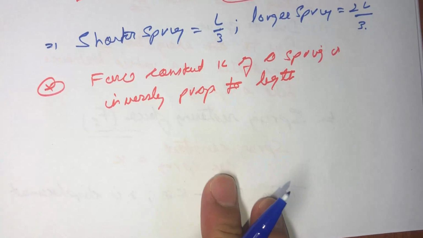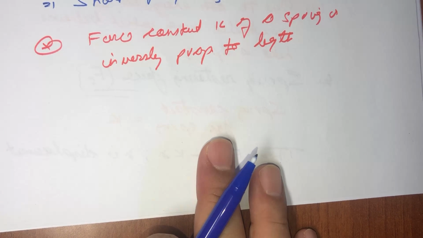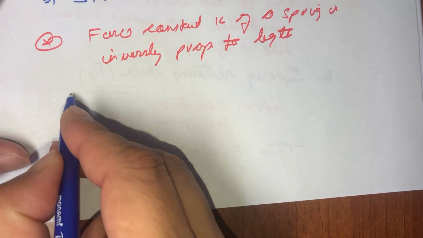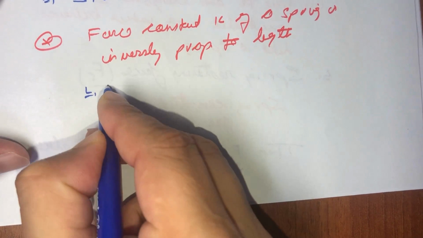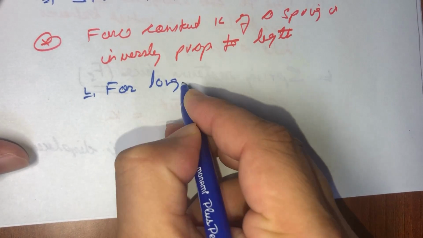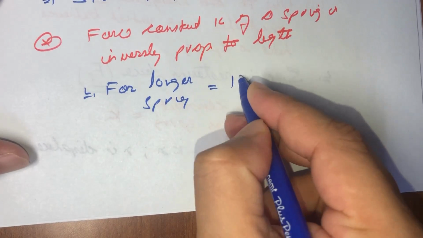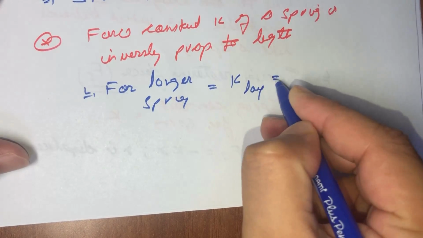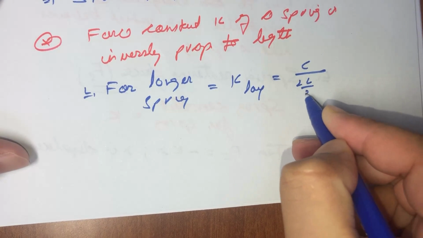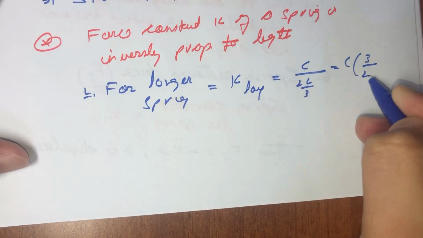Therefore, you can write for the longer spring, let us suppose that is given as K long. This will be equal to C divided by the length, that is 2L by 3, which comes as C times 3 by 2L.